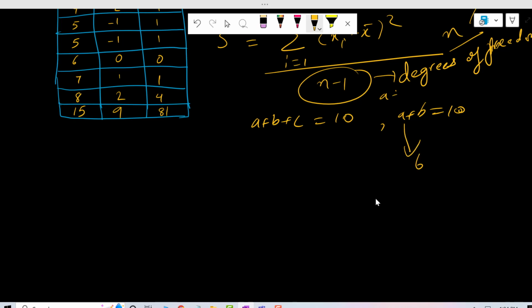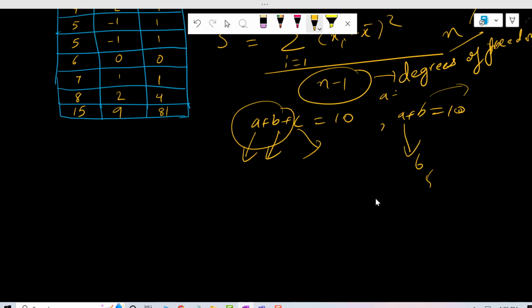If we choose one value, then we can automatically derive the other value. Based on a's value, we can have b's value. Similarly, in the case of a plus b plus c equal to 10, if we freely choose two values, we can derive the third value. So this is degree of freedom. In this case, the degree of freedom is 2.